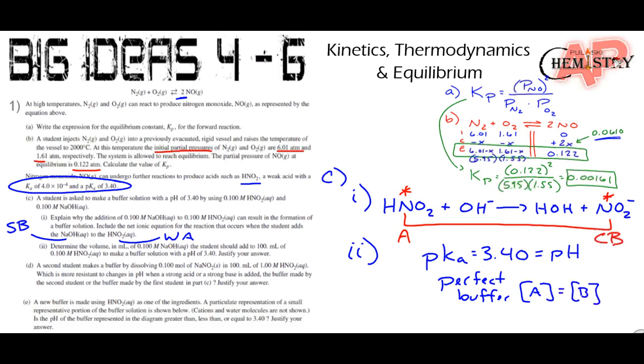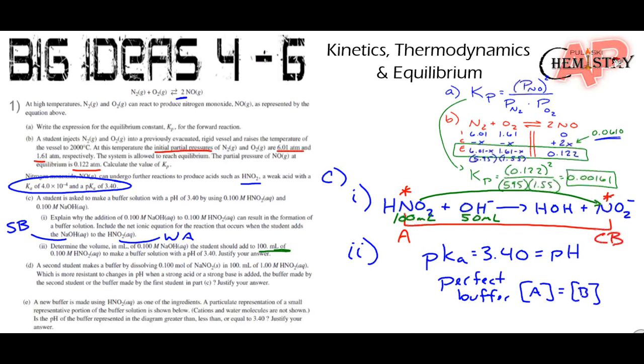So what we need is for half of my acid to be converted to my conjugate base. So if I started with 100 mils of my acid, that means I would need 50 milliliters of base to convert half of my acid, which I started with 100, to my conjugate base. And then that would be a perfect buffer.